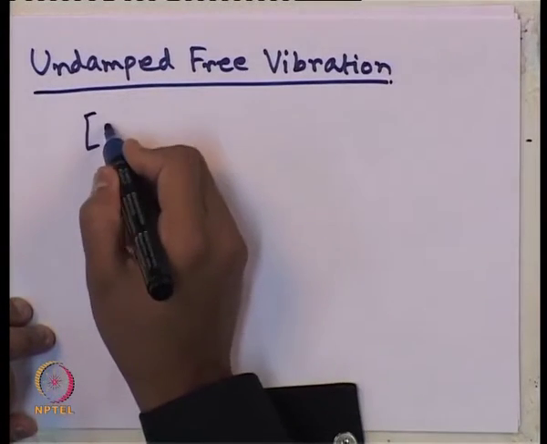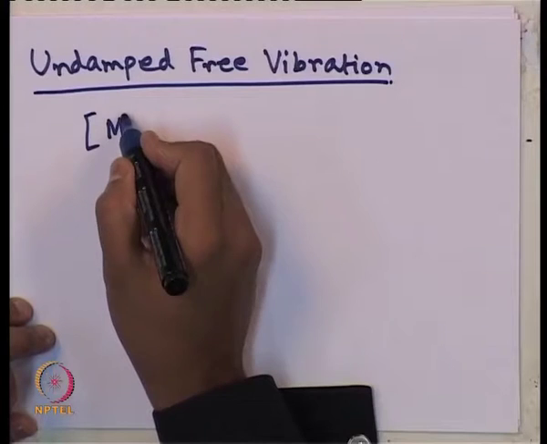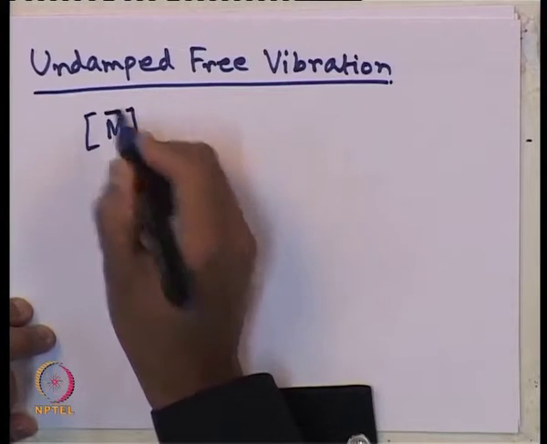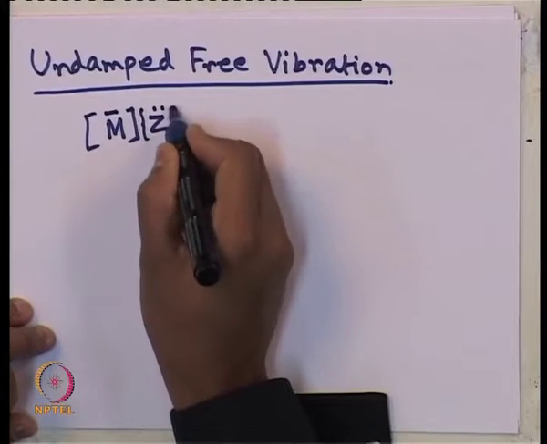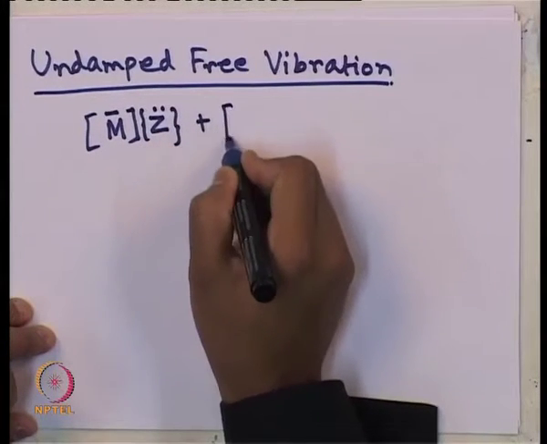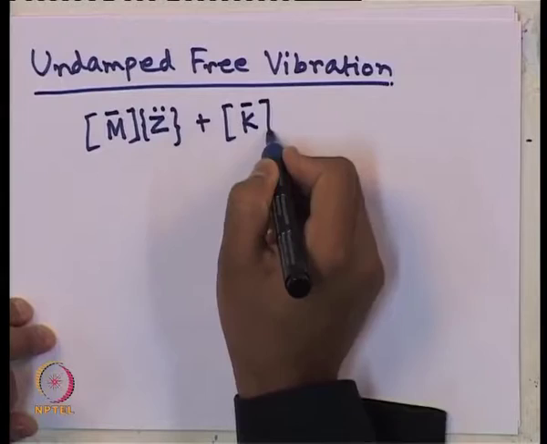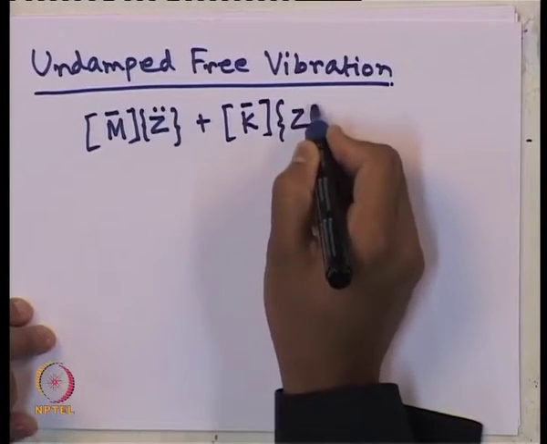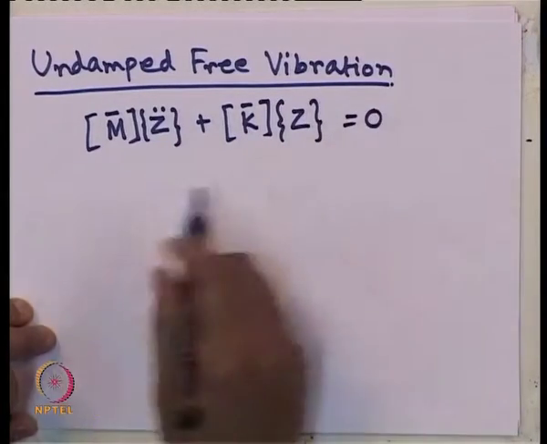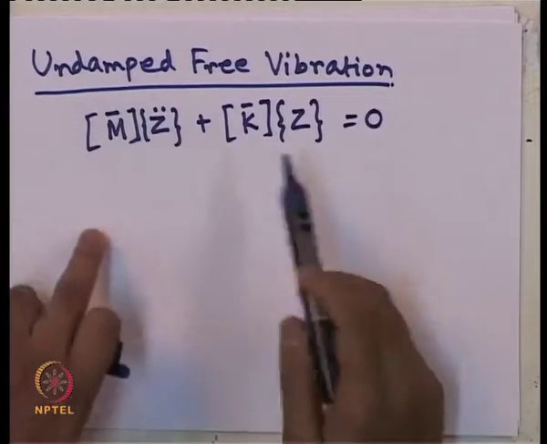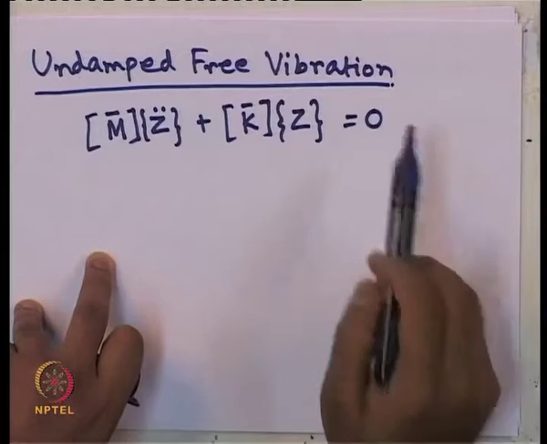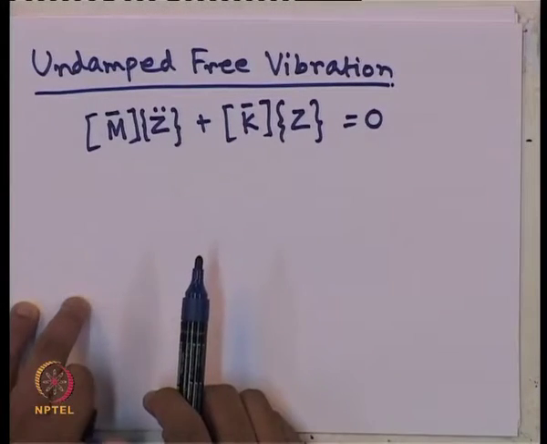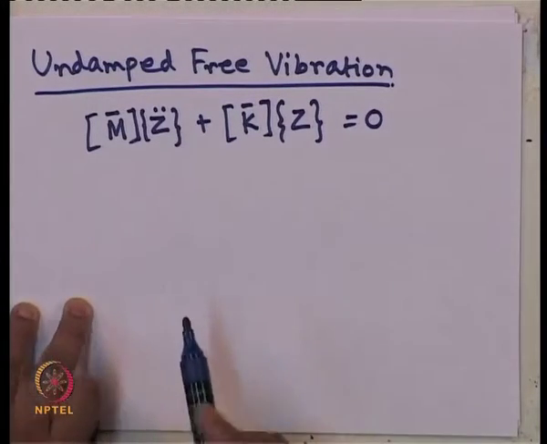What we have? M bar z double dot plus k bar z equals 0, because undamped. So, C matrix is not present, and free vibration, so F bar vector is not present.